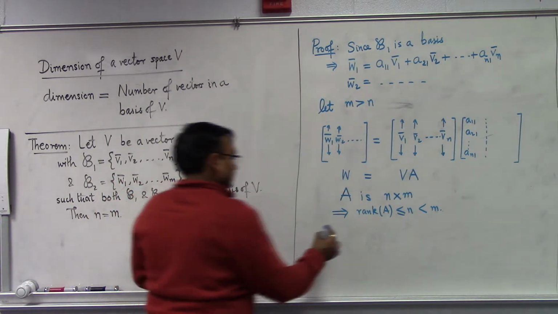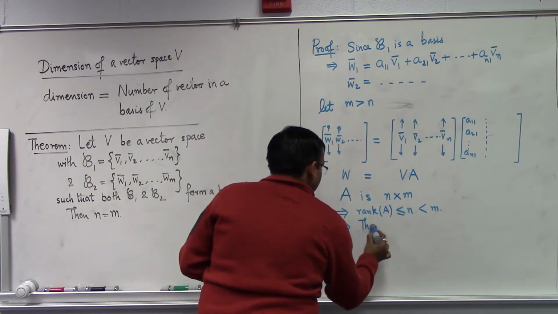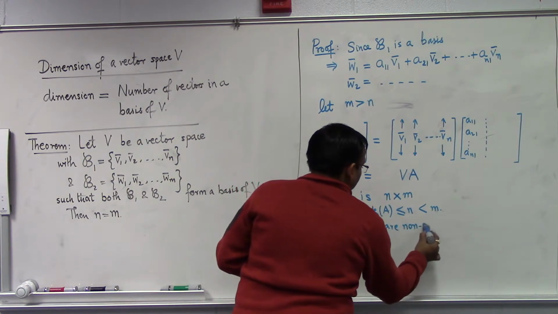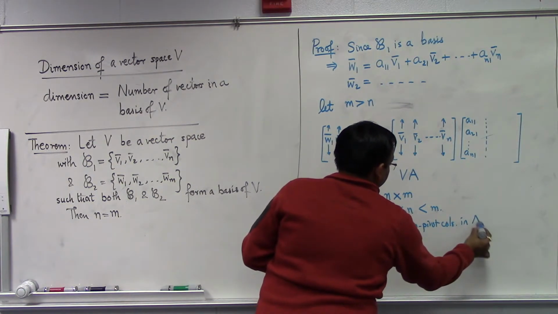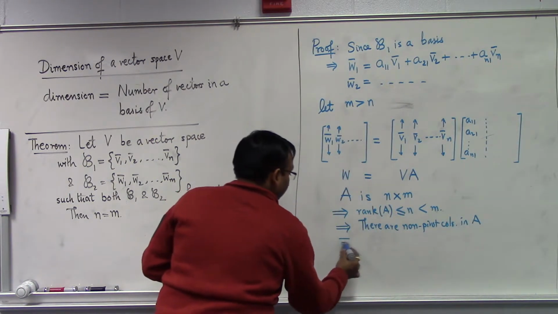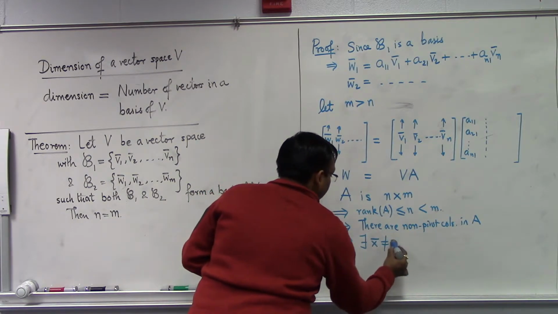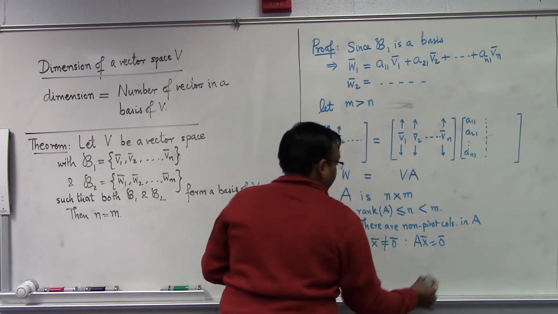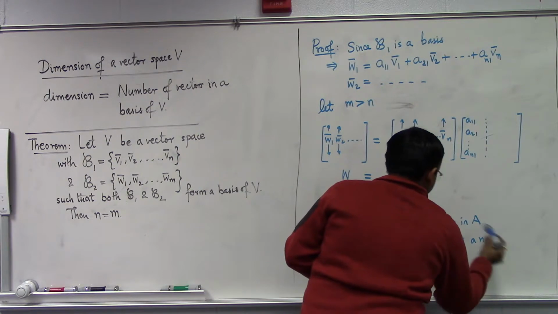This means there are non-pivot columns in A. This means there will exist a non-zero vector x such that Ax = 0 has a non-trivial solution.